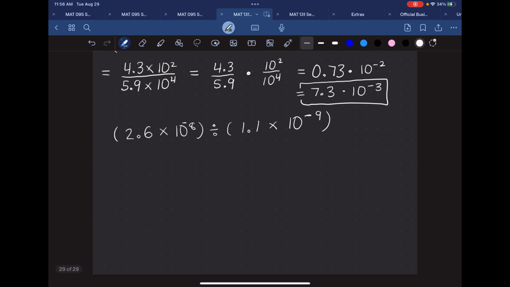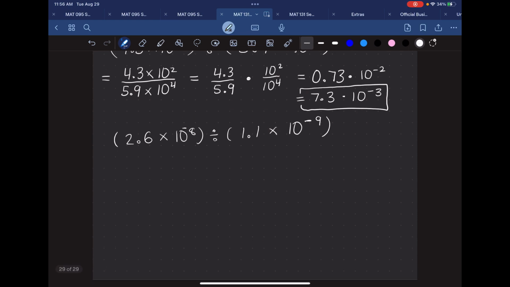Okay, now the last one. We have 2.6 times 10 to the negative 8 divided by 1.1 times 10 to the negative 9. So I can go ahead and divide my 2.6 by 1.1, and then I'll multiply that by 10 to the negative 8 divided by 10 to the negative 9.